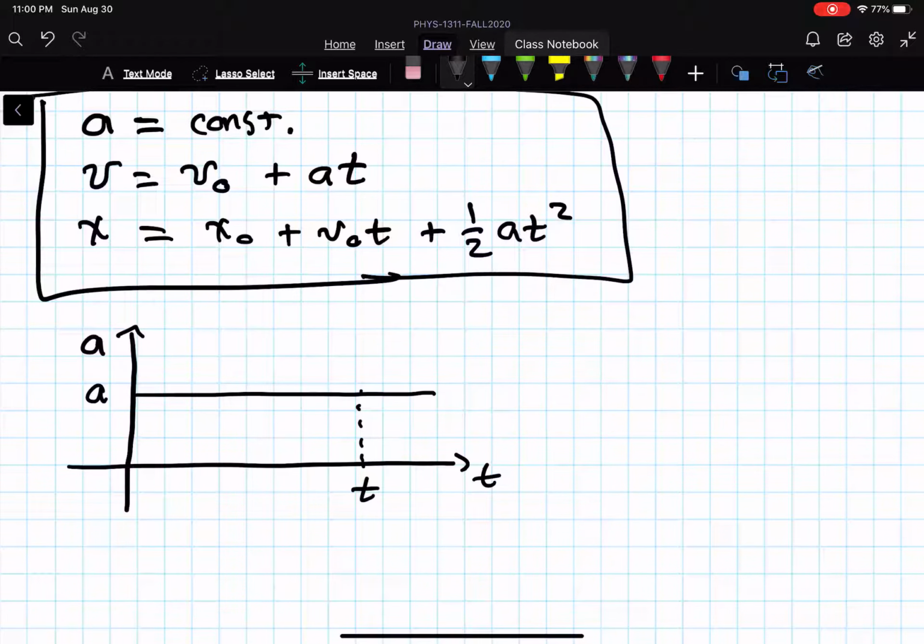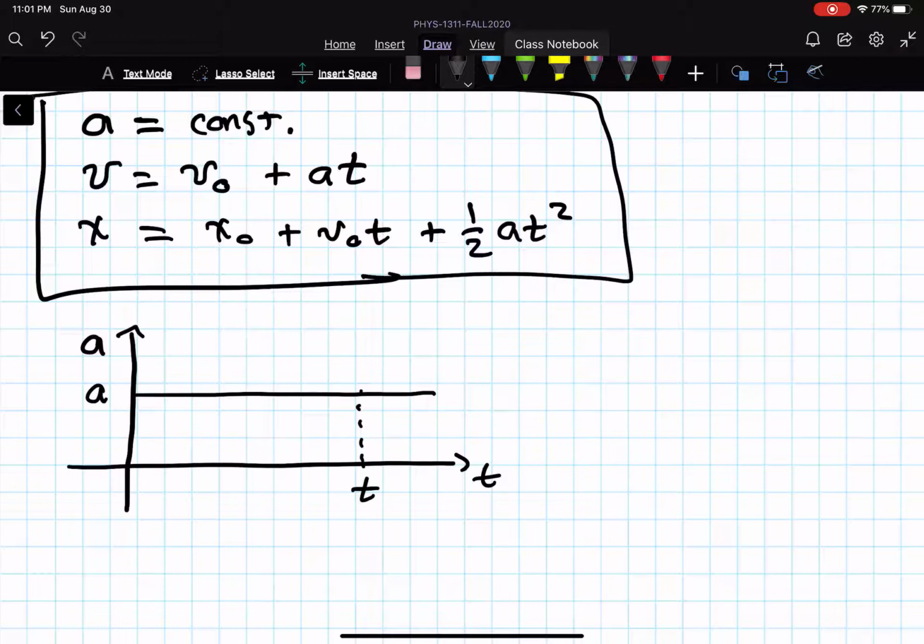So it turns out that the change in the velocity, the delta v, this is one of the big takeaways, is equal to the area under this acceleration versus time curve up to some time t. So let me write that in a formula.